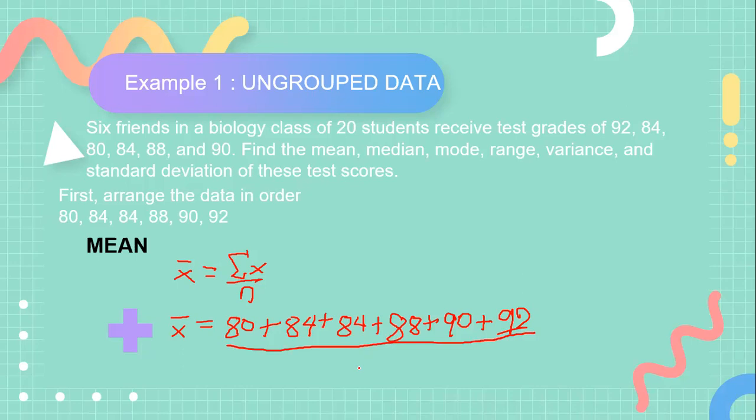Very good, 6, because we have 6 data values.